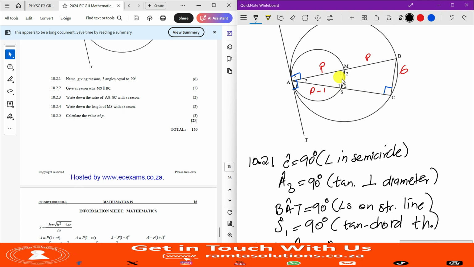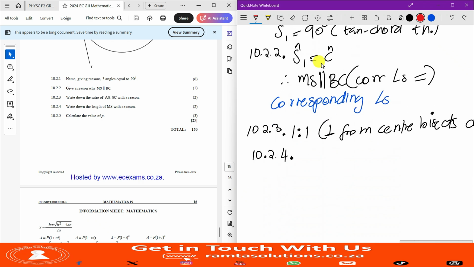Remember, we did say that these guys are parallel, right? And if these guys are parallel, this side is equal to this side is equal to this side. We just showed you that this is 1:1. So this means we are using midpoint theorem, isn't it?